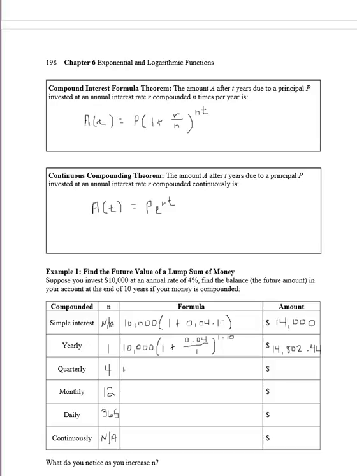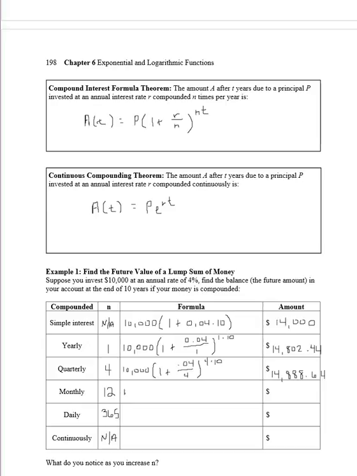Quarterly, we have 10,000 times 1 plus 0.04 over 4 raised to the 4 times 10, which gives us $14,888.64 if we round.